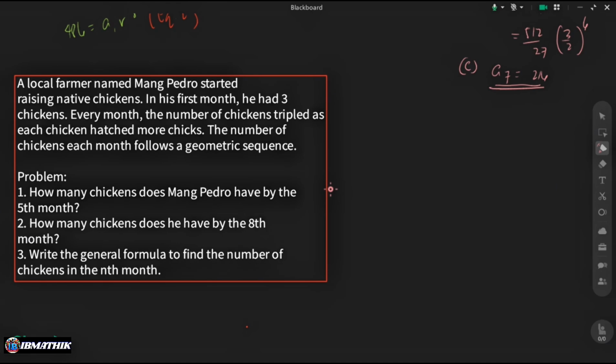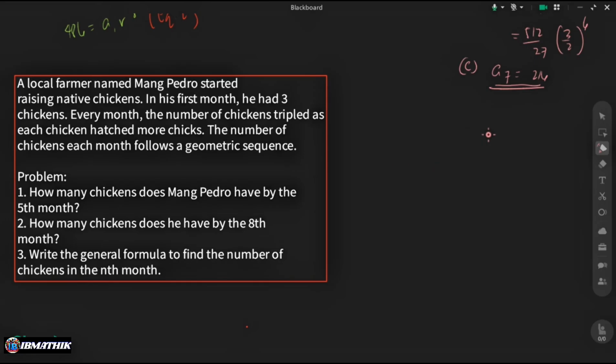The number of chickens each month follows a geometric sequence. How many chickens does Mang Pedro have by the 5th month? Second question, how many chickens does he have by the 8th month? Last question, write the general formula to find the number of chickens in the nth month.